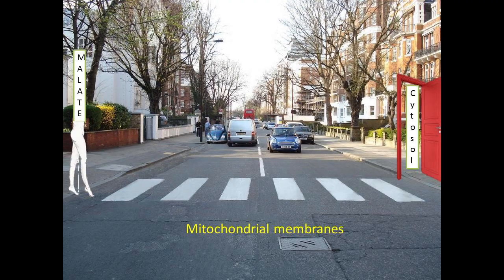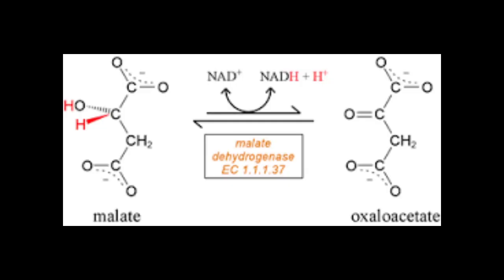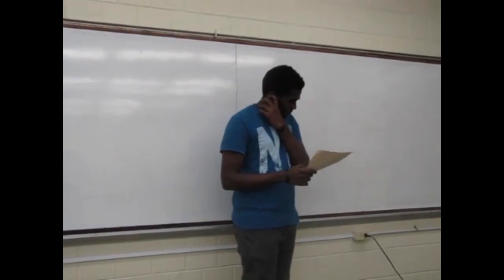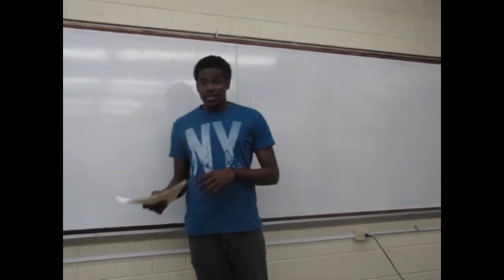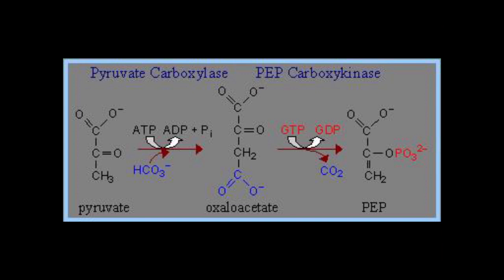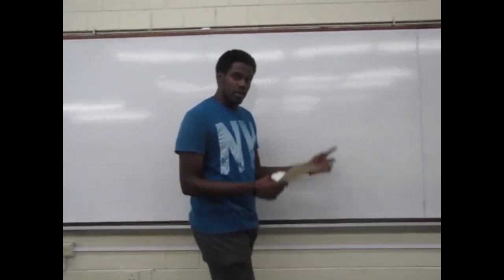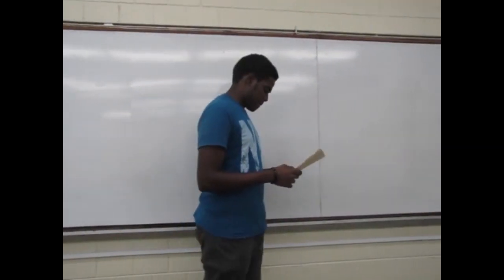Malate crosses the mitochondrial membranes into the cytosol where it is oxidized to oxaloacetate by the enzyme cytosolic malate dehydrogenase. Oxaloacetate is then converted to PEP by the enzyme PEPCK, and PEP re-enters the gluconeogenic pathway.